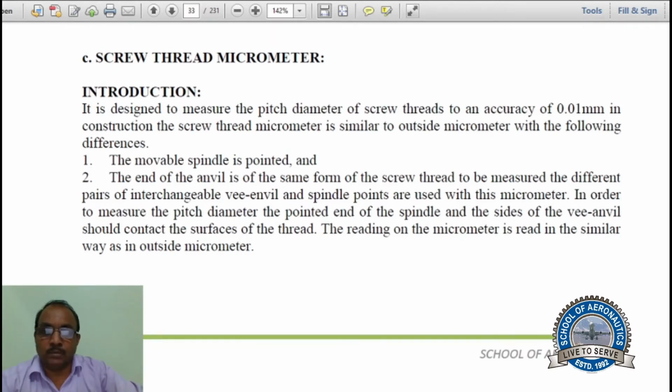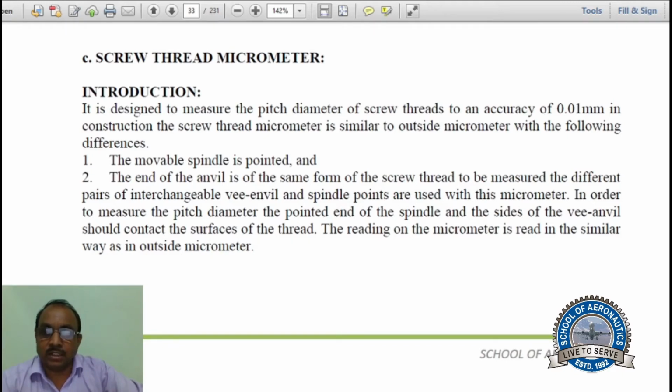Screw thread micrometer. Introduction. It is designed to measure the pitch diameter of screw threads to an accuracy of 0.01 mm.